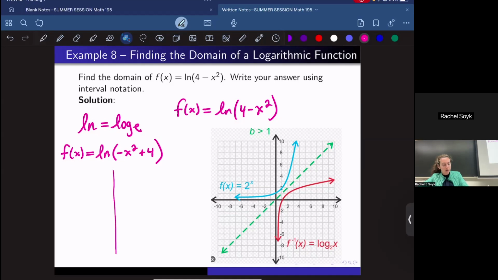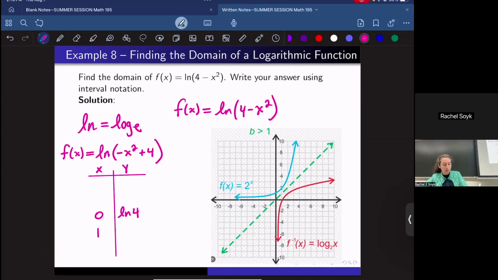This one, I think it's best to just create a table of values and choose some good values. So let's definitely do 0. And then we have the natural log of 4 is going to be your y value, which we'll compute the decimal of in a moment. And then we can do 1.